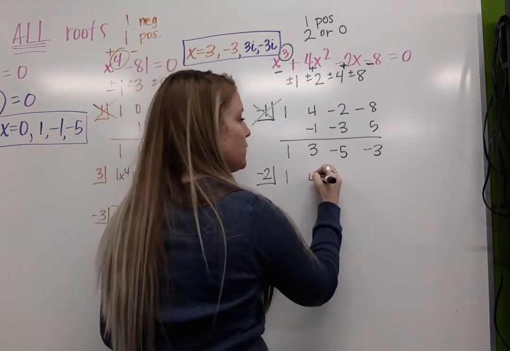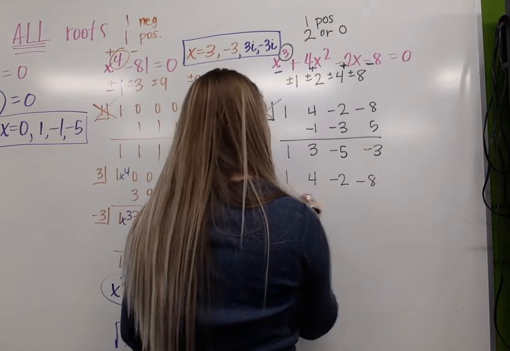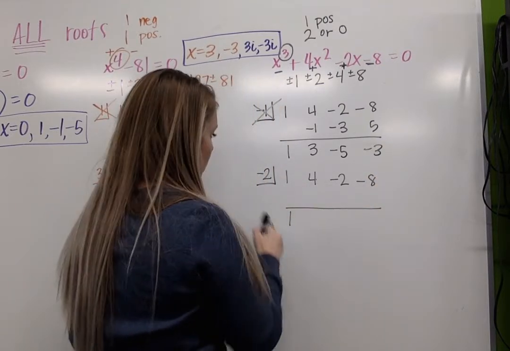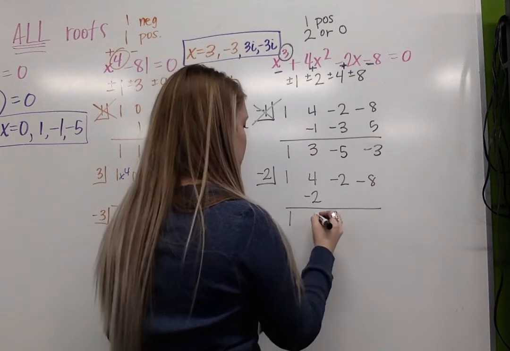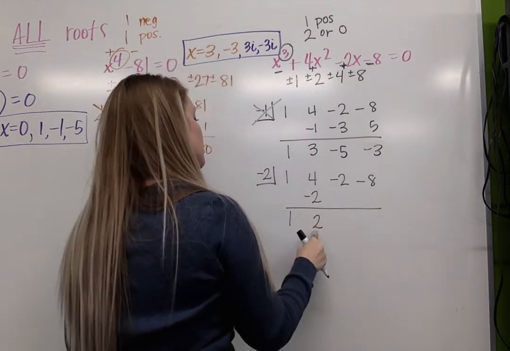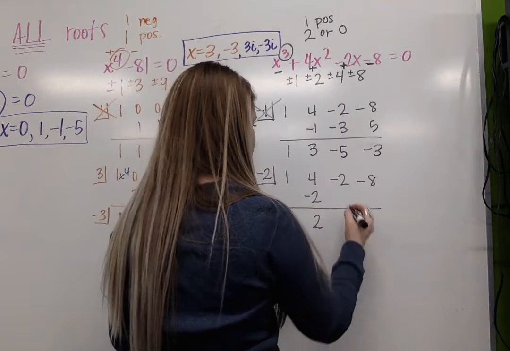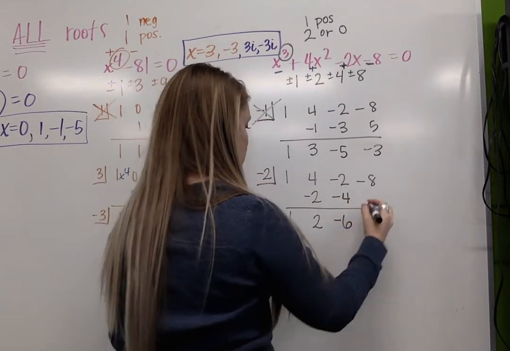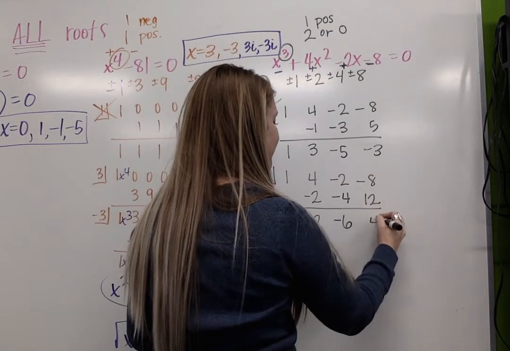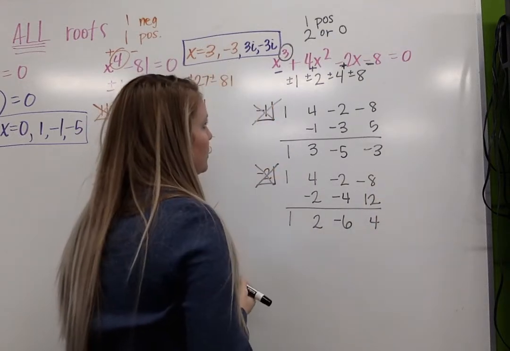So 1, 4, negative 2, negative 8. Drop the 1, negative 2 times 1, that's negative 2. 4 plus negative 2 is 2. 2 times negative 2 is -4. So I get -6. So that gives me a +12. That doesn't work. All right.